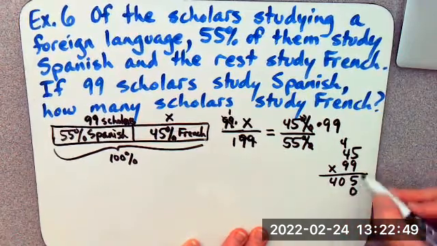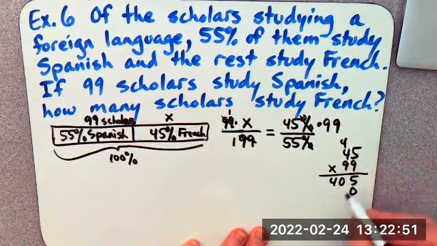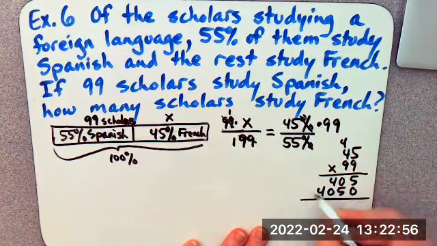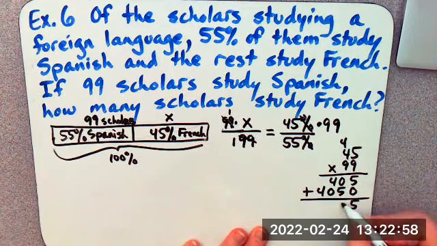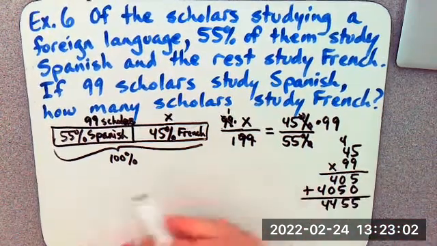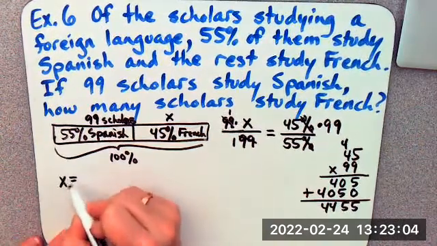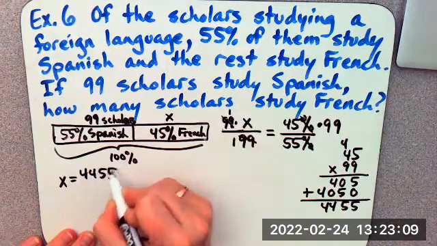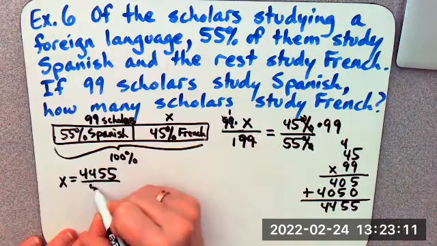And then we're going to multiply by 90 this time. So it's going to be the exact same thing. And we add together. So we have 5, 5, 4, 4. All right, so if we rewrite this as X equals 4455 divided by 55 now.